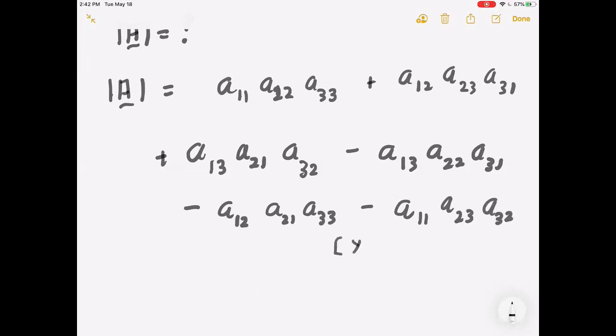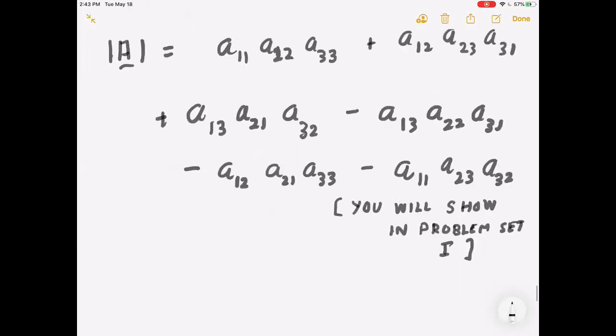So you will show this. You'll derive this explicitly in problem set 1 by brute force, and it's pretty formidable in terms of algebra.